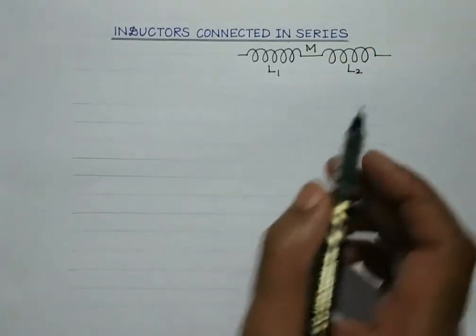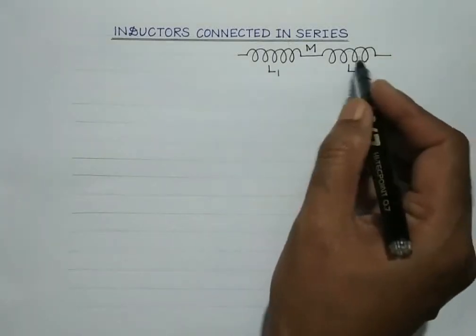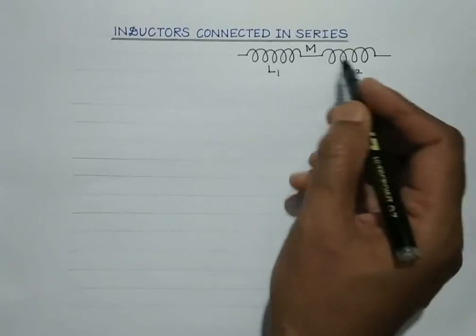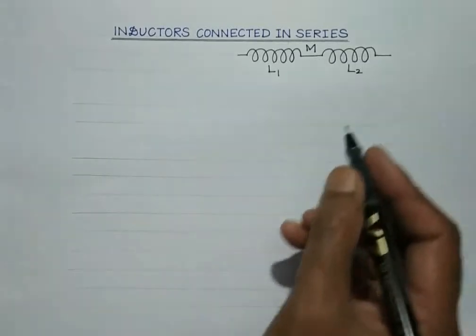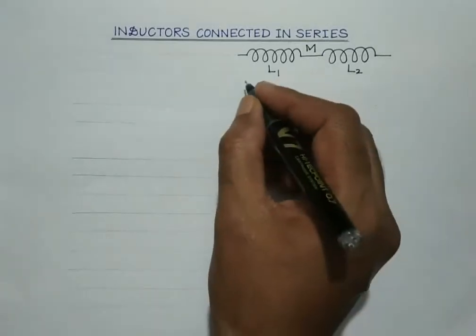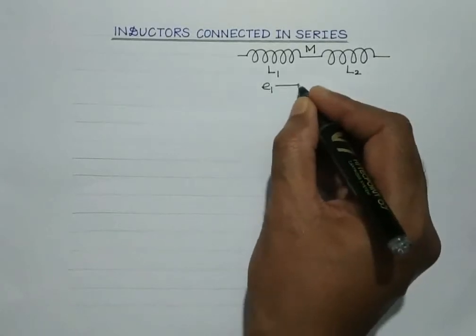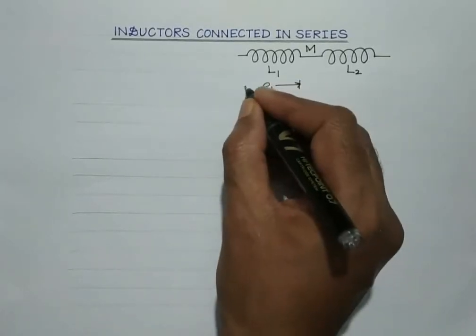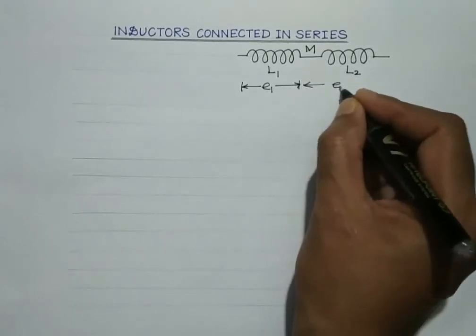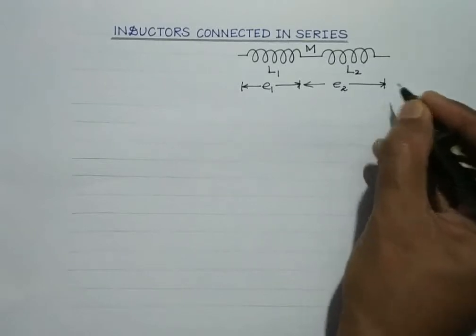So what we have considered is L1, L2 be the self-inductance of these two inductors, and M, it is the mutual inductance between them. Further, let E1 and E2 be the induced EMFs produced in the two inductors. Suppose E1 is the induced EMF produced in the first inductor and E2 be the induced EMF produced in the second inductor, right?